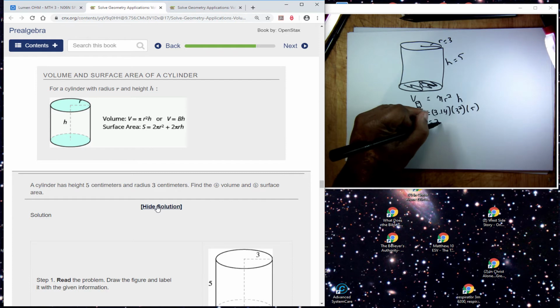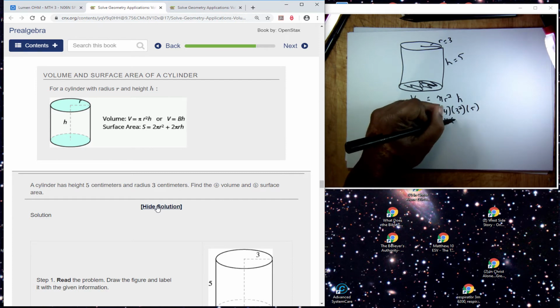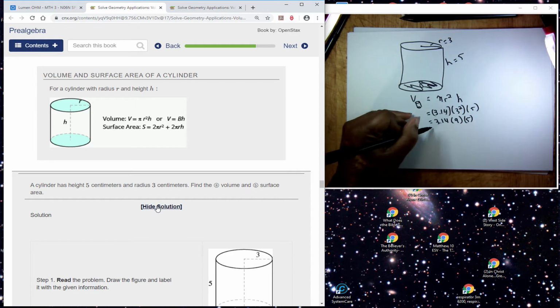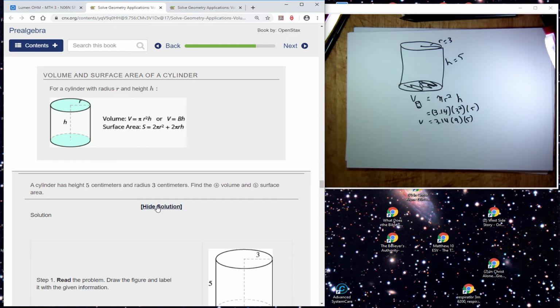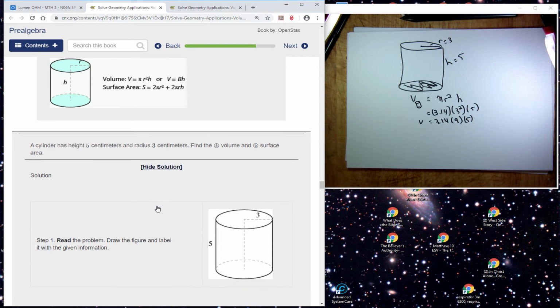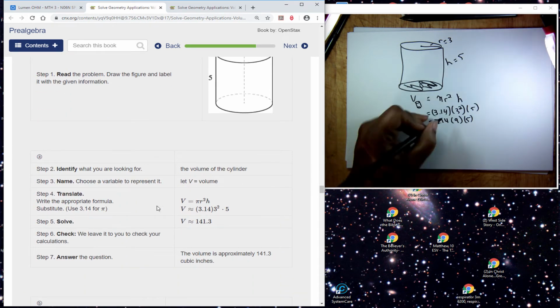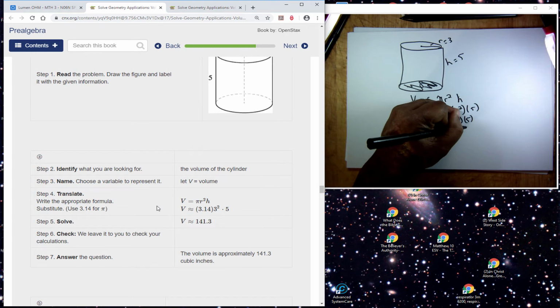So I have 3.14, 3 squared is 9, times 5, which gives me 141.5 cubic inches.